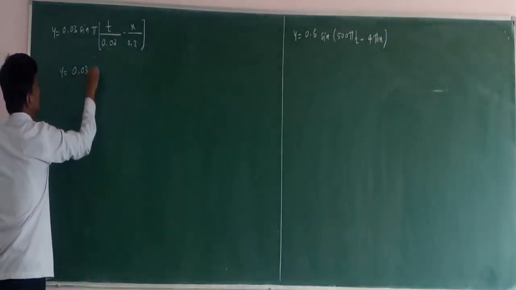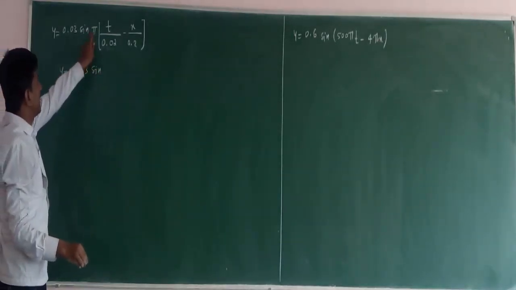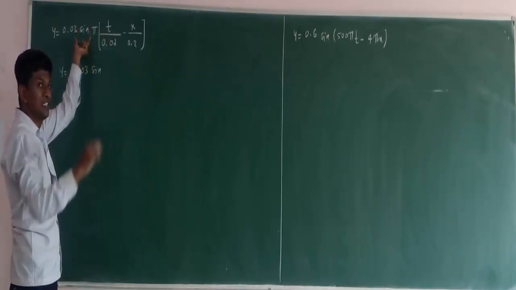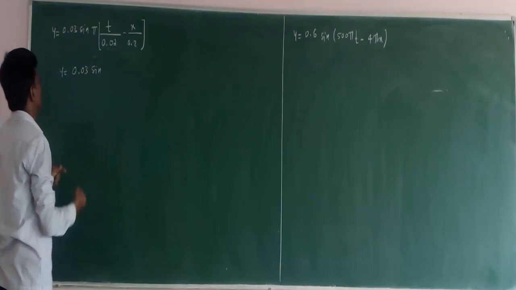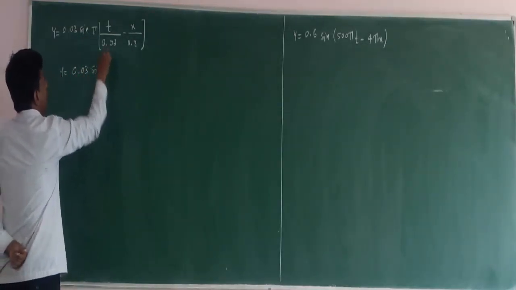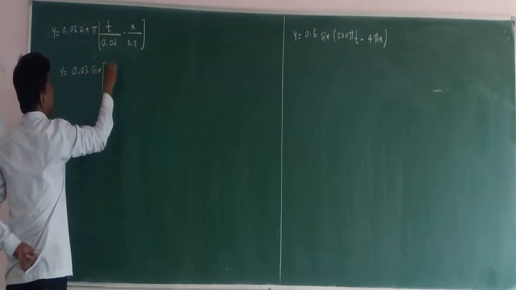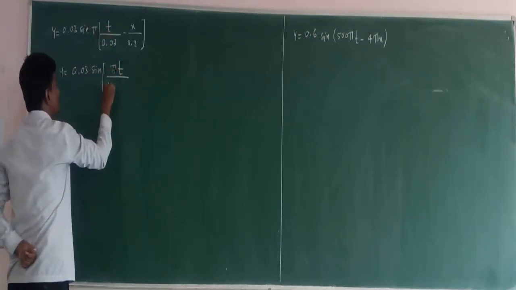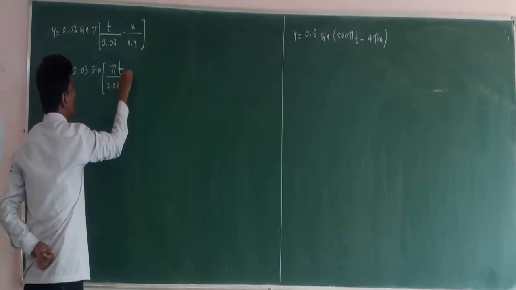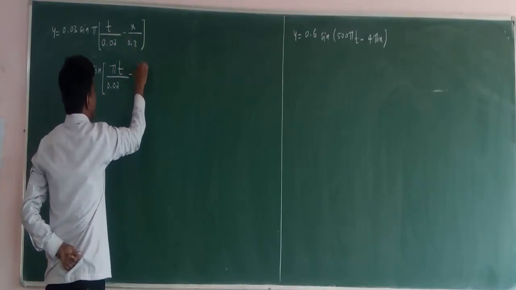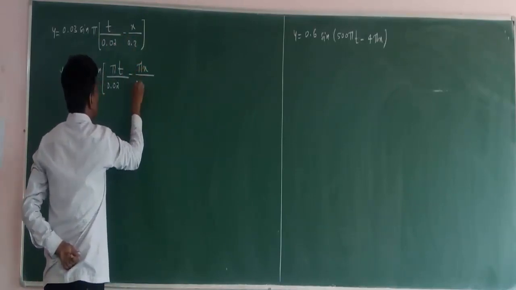So y is equal to 0.03 sin. We have to multiply this pi inside the bracket because we have to convert this equation into the standard equation of the progressive wave. So y is equal to 0.03 sin pi multiplied with t gives pi t whole divided by 0.02, minus pi multiplied with x becomes pi x whole divided by 0.2.